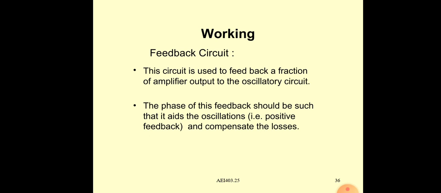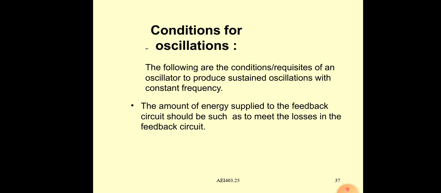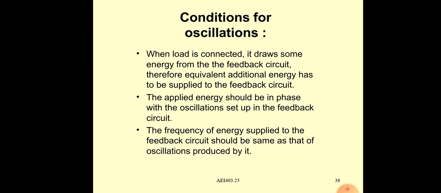How much of the output voltage is applied to the input side is decided by the feedback circuit. The feedback voltage is called Vf and the feedback factor is beta. The beta value is always less than 1. Condition for oscillations: loop gain must be 1 and phase shift 0 or 360 degrees.